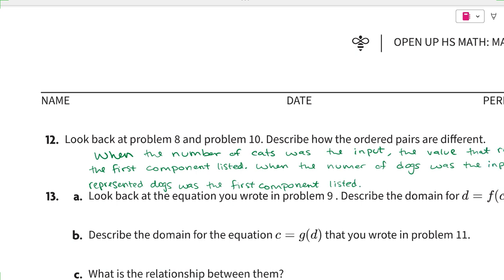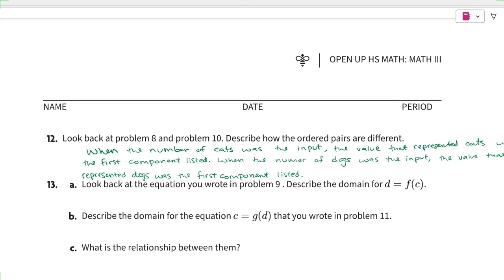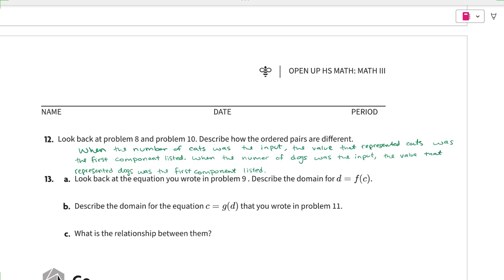The pairings did not change, right? So it says, how are they different? So I won't write that the pairings didn't change. The pairings didn't change, though. It's just which one was listed first.